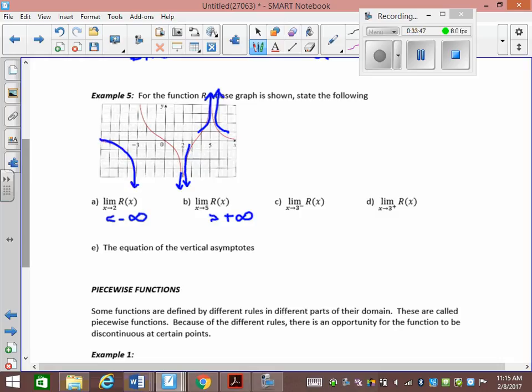What am I approaching? Negative infinity. 3 from the right, what am I approaching? Positive infinity. Is there a limit at 3? No, they approach different things.